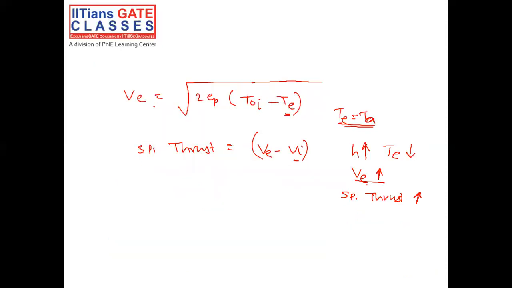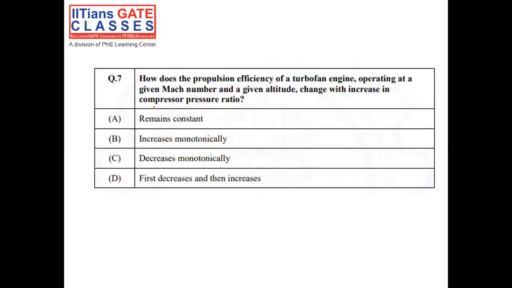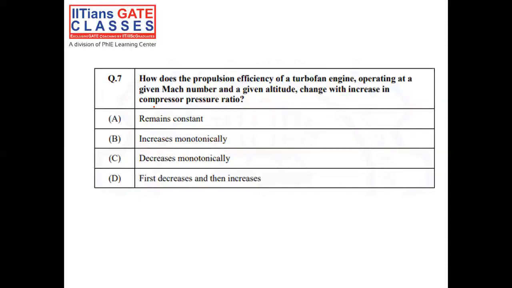Okay. So the third question: how does the propulsion efficiency of a turbofan engine operating at a given Mach number and given altitude change with increasing compressor pressure ratio?